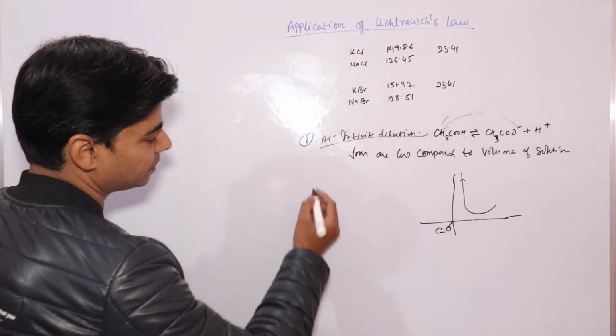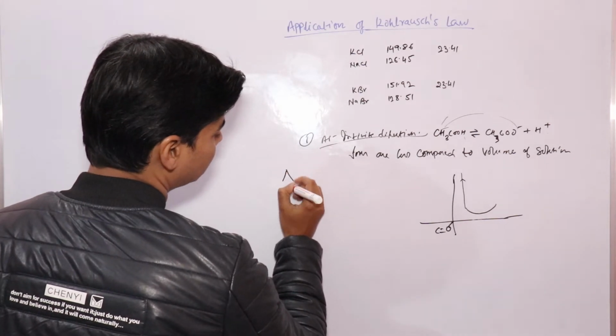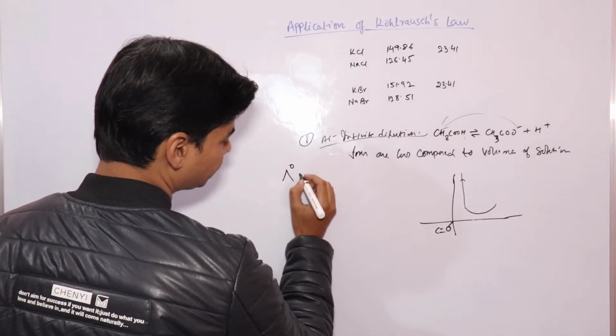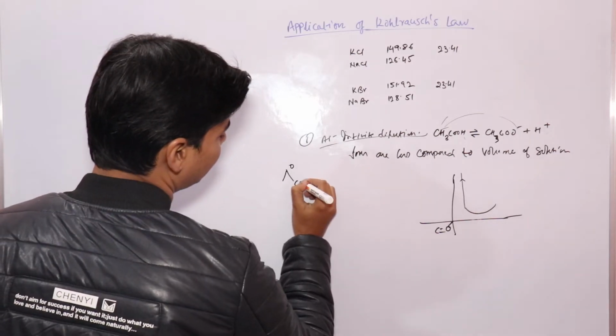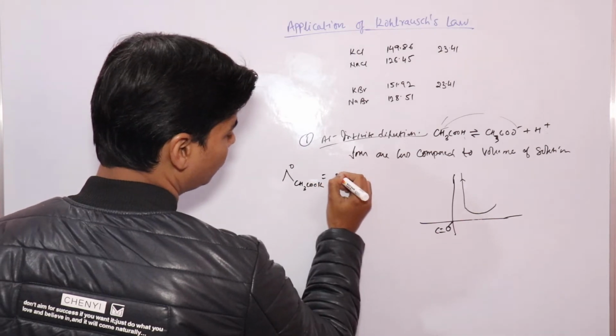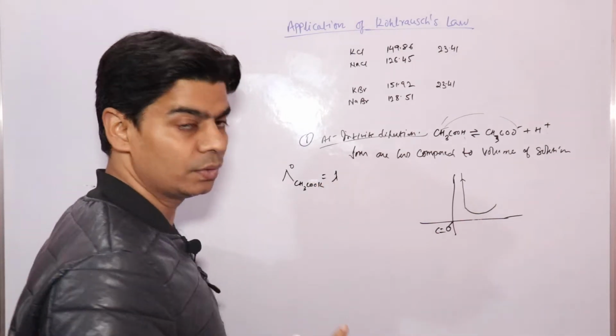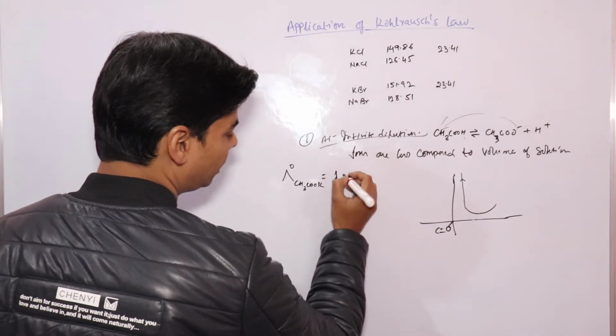And we know that as per Kohlrausch's law, the molar conductance at infinite dilution of any electrolyte, say CH3COOK, would be equal to the sum of the ionic conductances of the ions at infinite dilution.